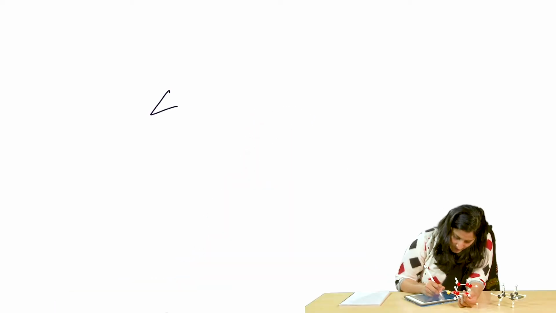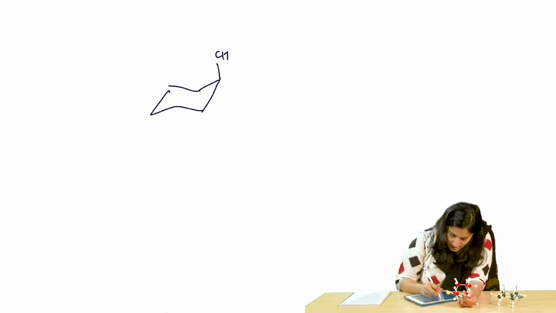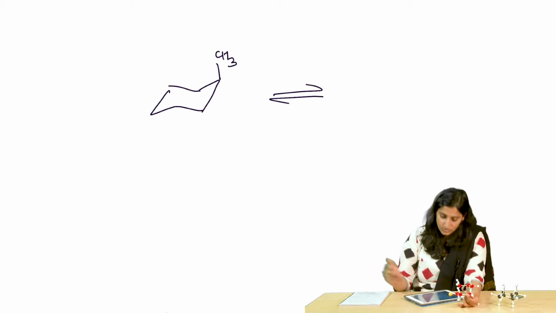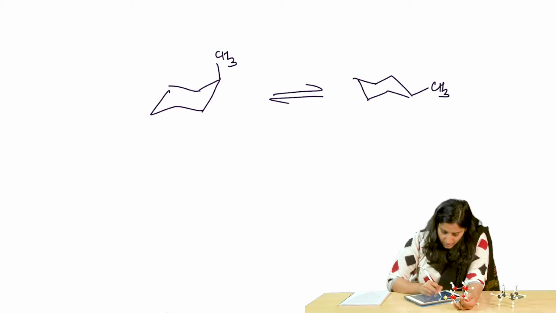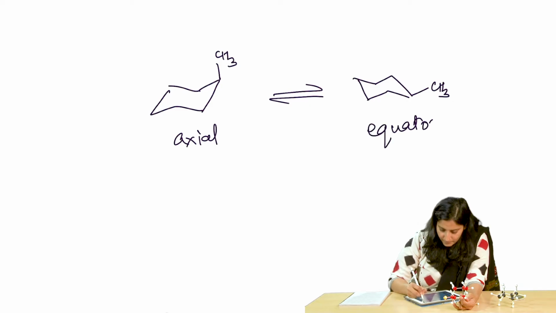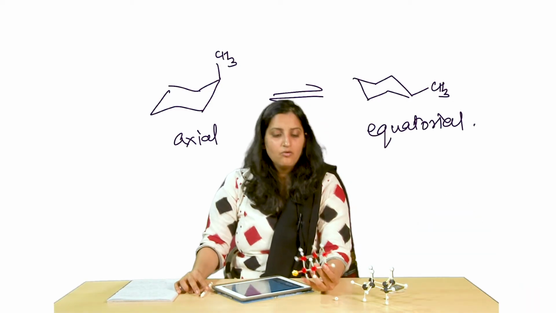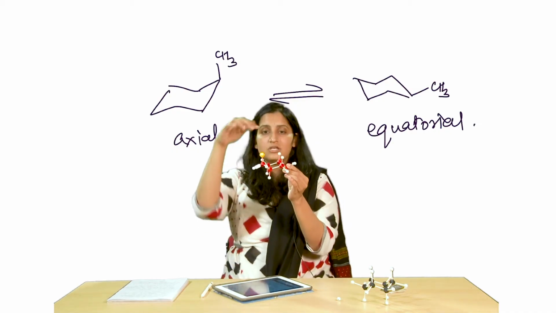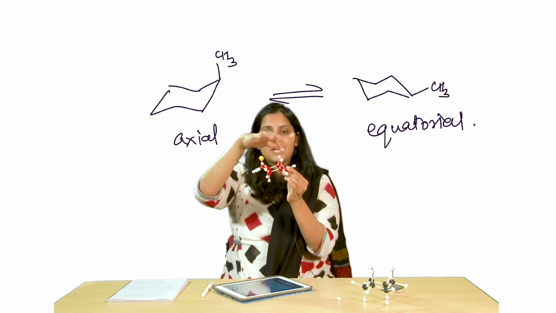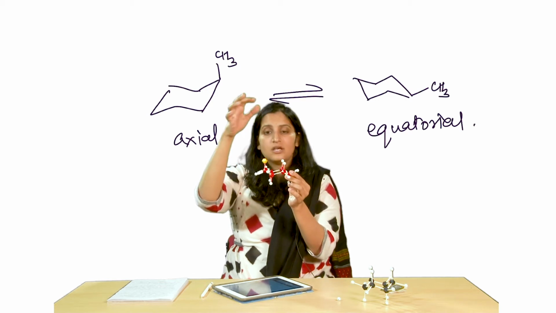So, I have a methyl cyclohexane and I am going to put it in the axial up position here. As the chair interconverts, it goes from one form to the other. It is going to go from axial to equatorial. One of the things to notice is that when it is in this axial position, it is sharing the same space as these two hydrogens, right.